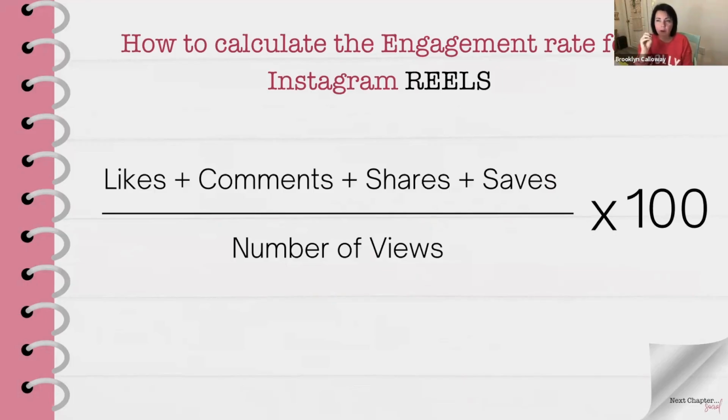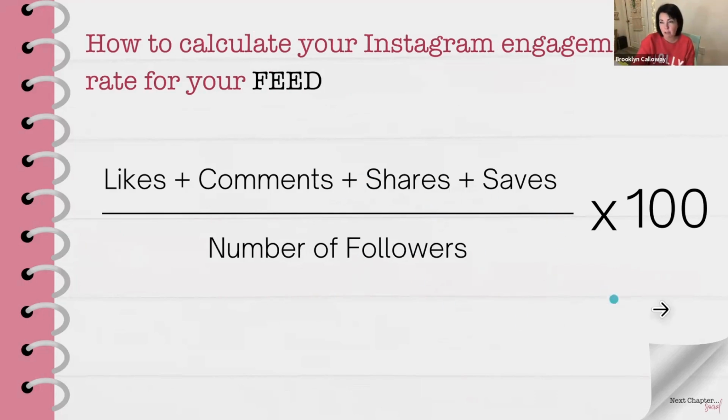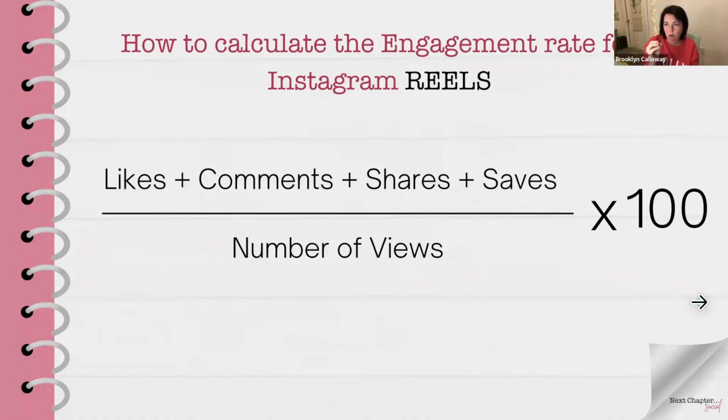And that gives a more accurate depiction and a more micro depiction. The other one was more macro. This is a bigger number, like taking more into account. And this is more granular. So this is on a reel. You take your likes, comments, shares, and saves, divided by the number of views, and multiply it by 100. Screenshot that.